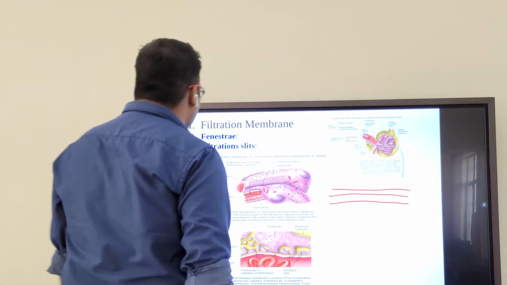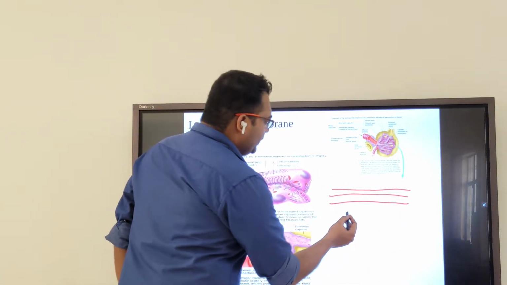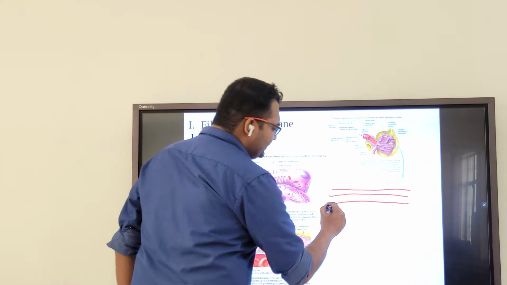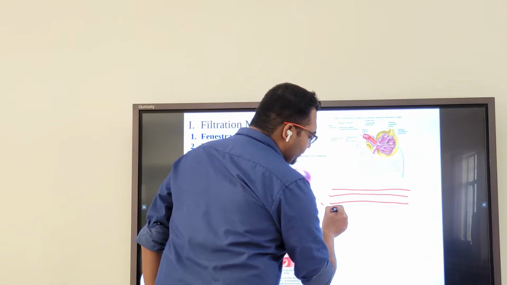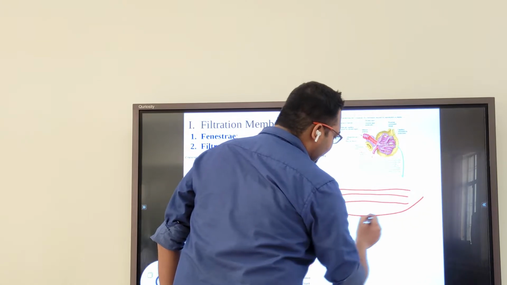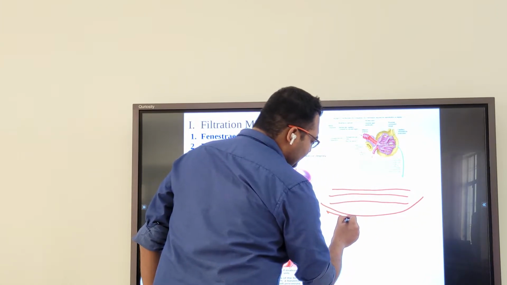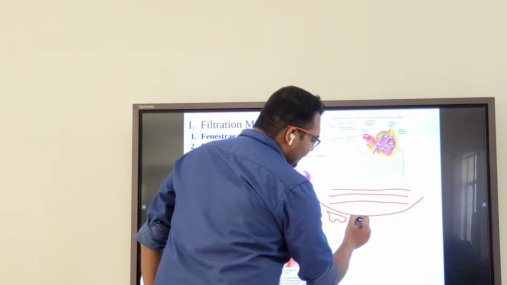And then you also have something known as the basement membrane. And then you have cells like this.